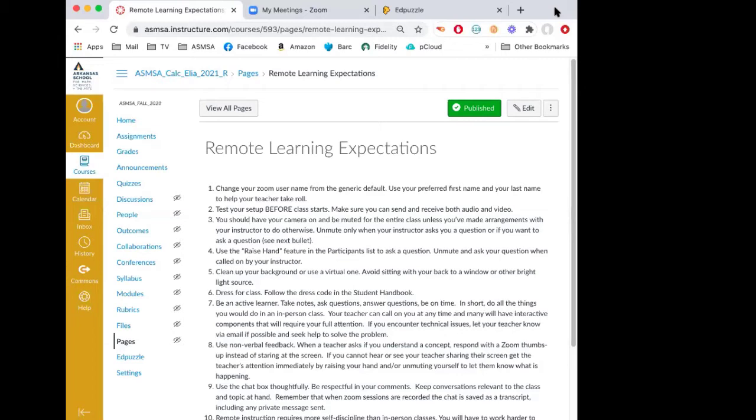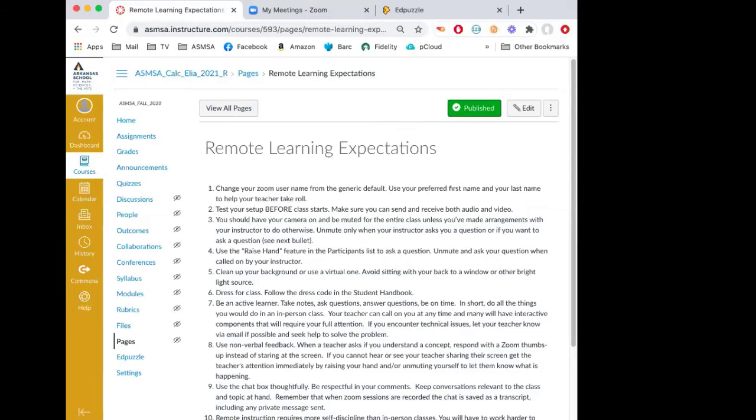Sometimes, especially when I'm writing on the notebook and working out problems, I can't see everybody's picture. I can only see some of you, and so I might miss the hand raise. So if you still have a question and you notice that I'm not addressing it, just unmute yourself and ask me a question. That's fine. I'm pretty lenient about that.